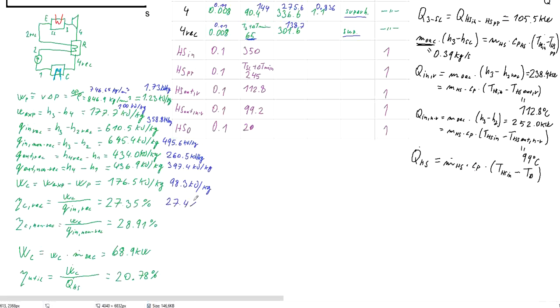So you can see almost the same value as for the Toluene. In the non-recuperated cycle, it's however quite smaller, and it's 19.83%.